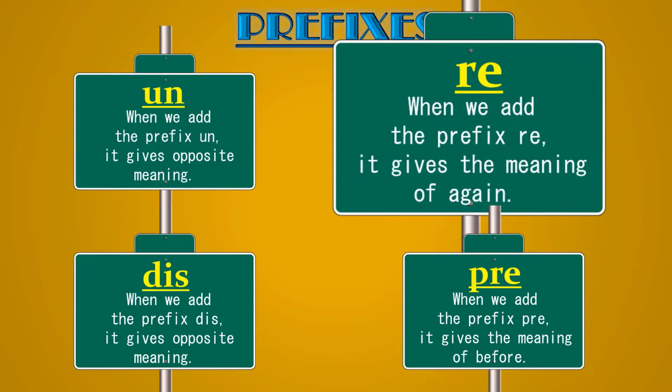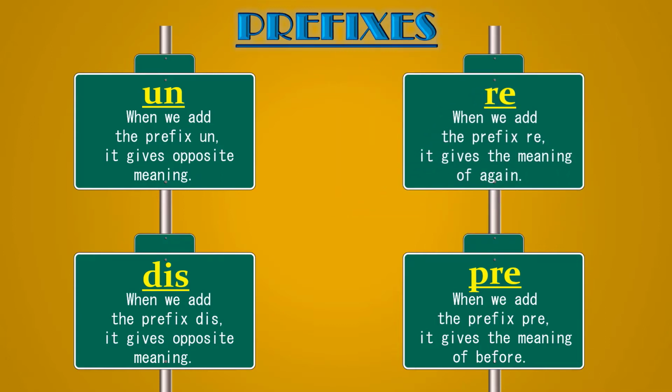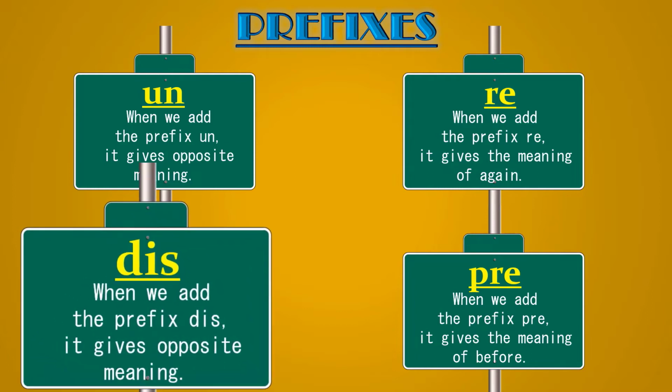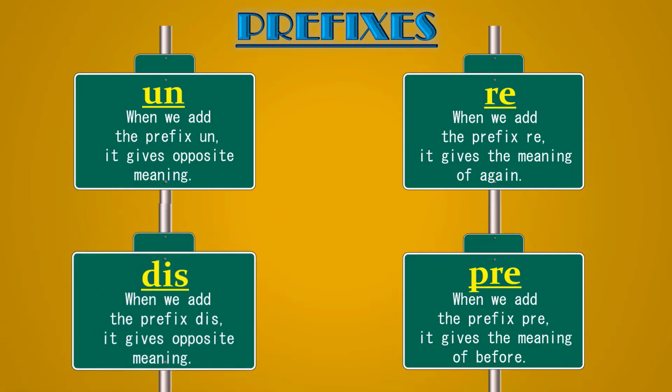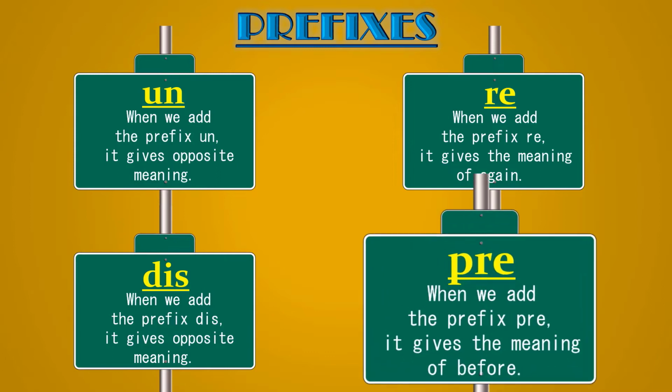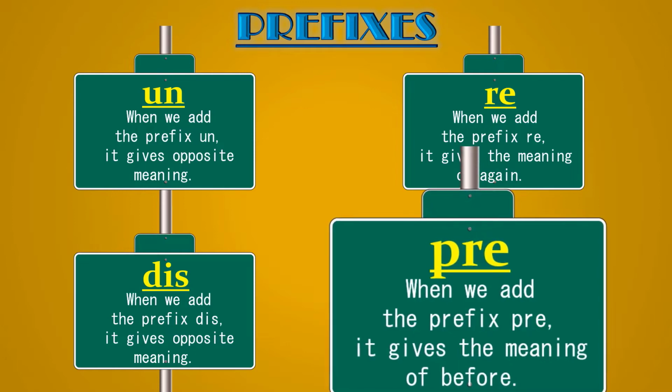When we add the prefix re, it gives the meaning of again. Dis. When we add the prefix dis, it gives the opposite meaning. Pre. When we add the prefix pre, it gives the meaning of before.